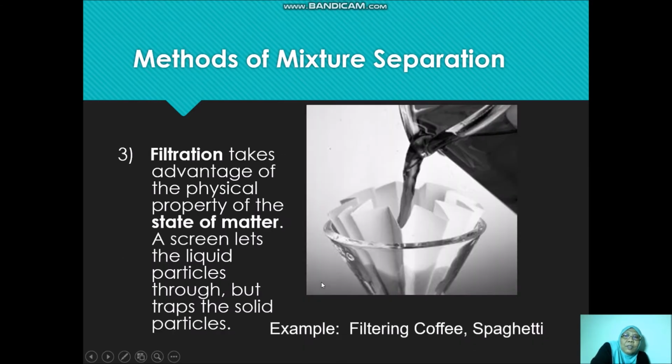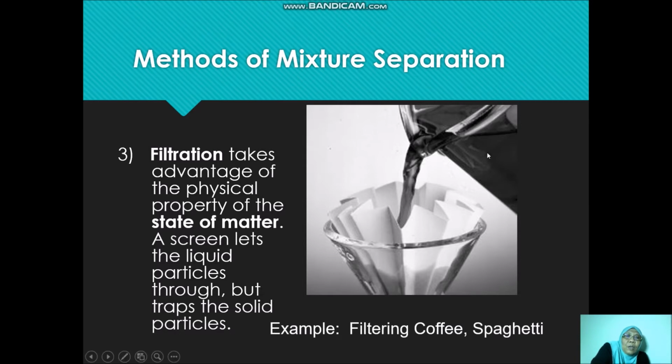The third is filtration. Filtration takes advantage of the physical property of the state of matter. A screen lets the liquid particles through but traps the solid particles. Here, you can imagine separating coffee. In the coffee, there are two kinds of state.